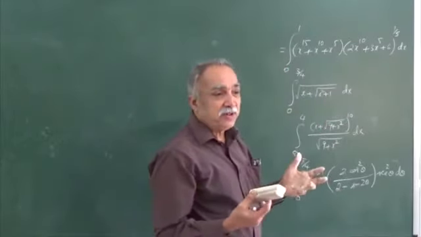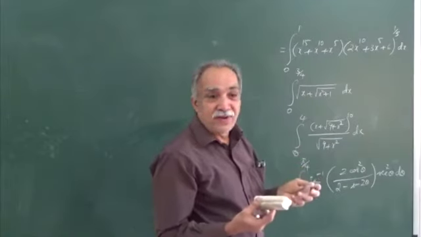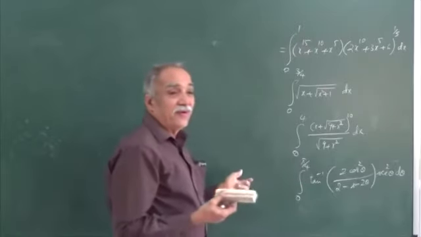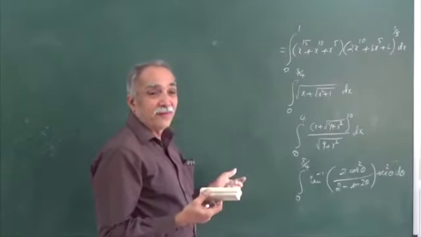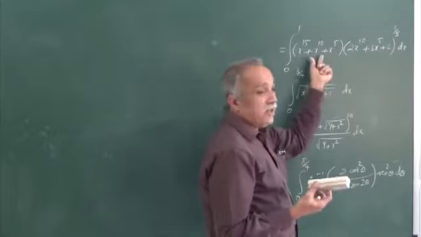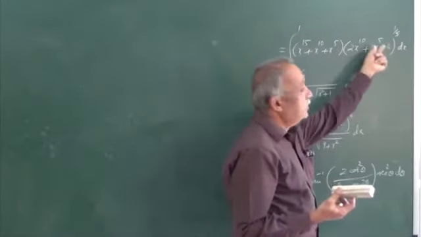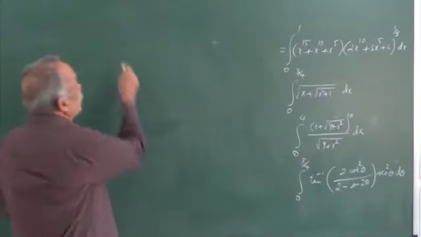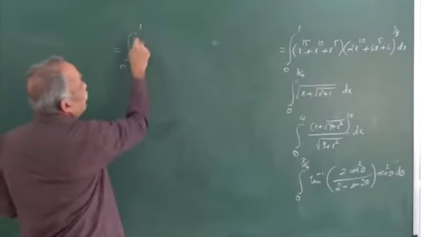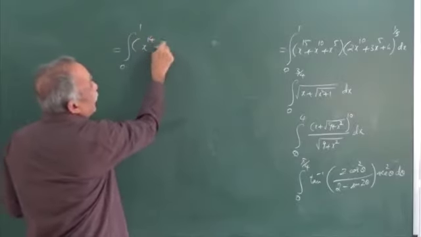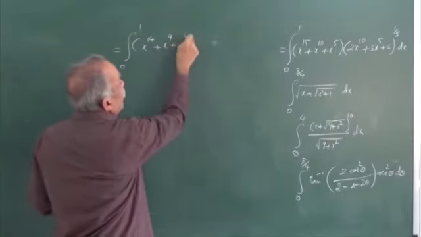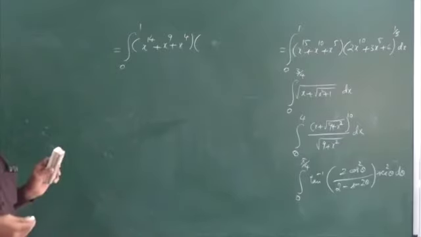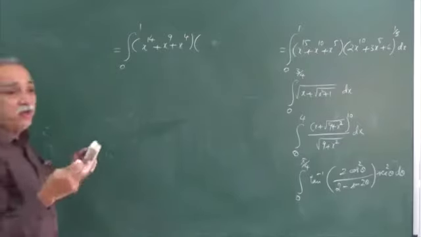Make some adjustment. Remove one x from here and take it inside this. When taken inside the second bracket, it becomes x to the power 5 inside.